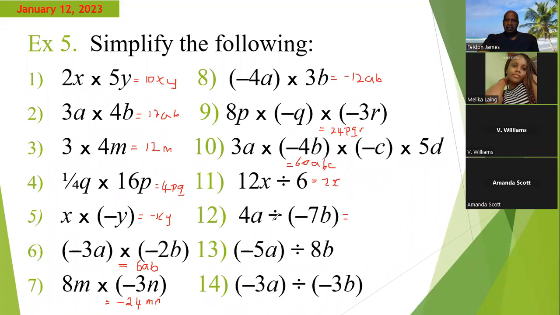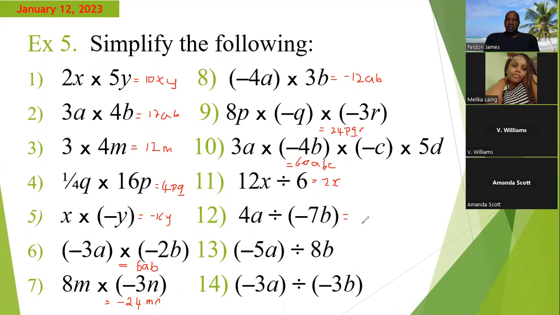All right. So question 12, we have 4a divided by negative 7b. Could you explain to me how you get 0.0a? Sir, I divided 4 by negative 7 and I got 0 point, a lot of numbers behind it. All right. So if you use your calculator, you're going to get a decimal.